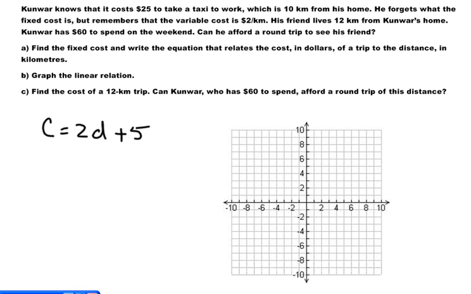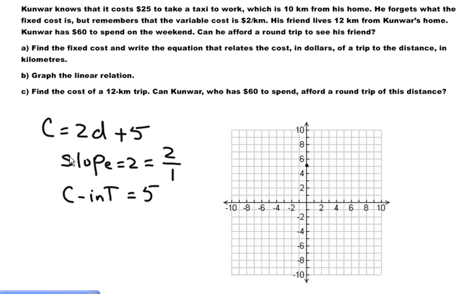The slope is 2, which I can write as 2 over 1, and the c-intercept is equal to 5. As you remember, the first step is to plot the point 5, which is going to be here. So this is the point.